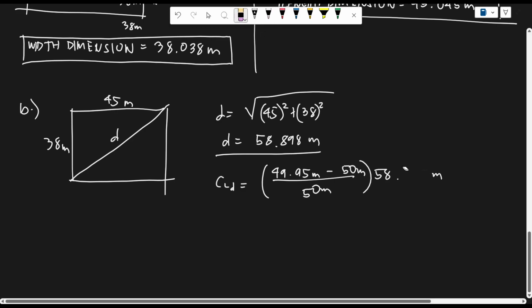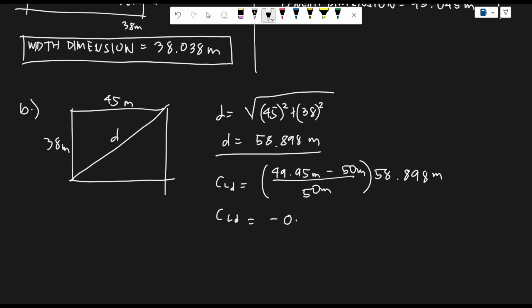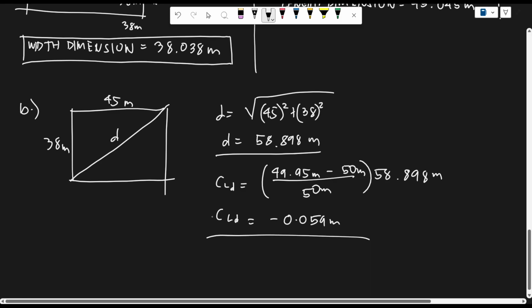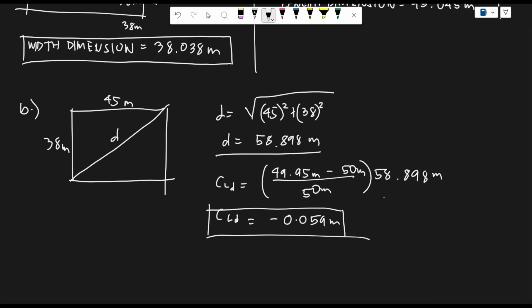I'm going to just erase this 898. Then the correction for the diagonal should be negative 0.059 meters. Okay, this is the correction. So if we were to lay out using this erroneous tape, this exact measurement of 58.898, you will get negative 0.059 meters too short.